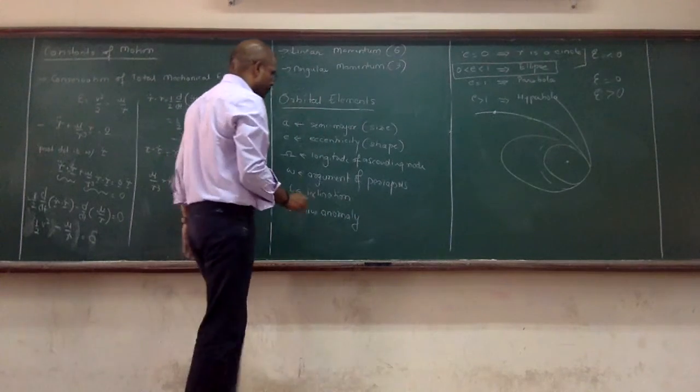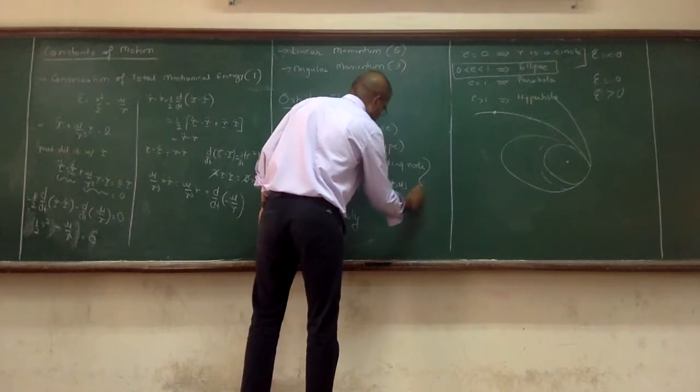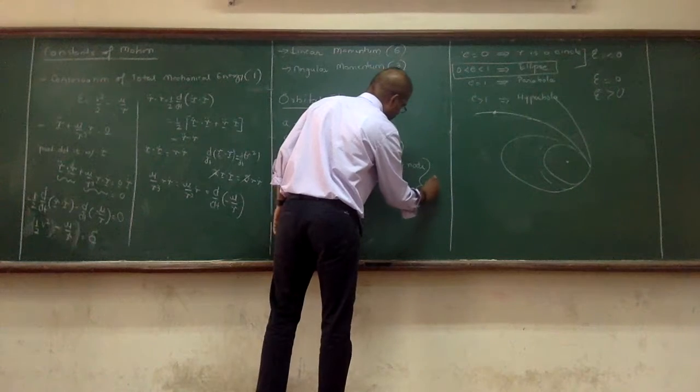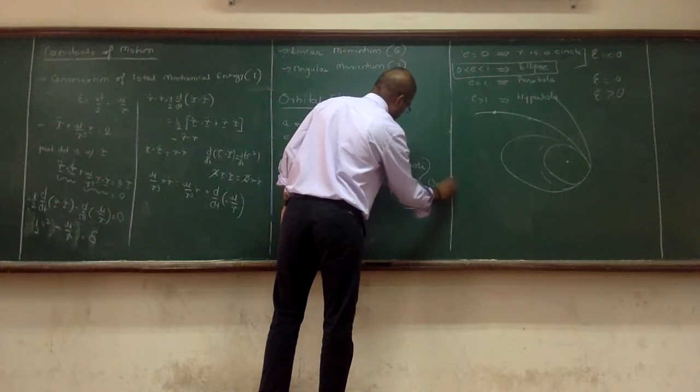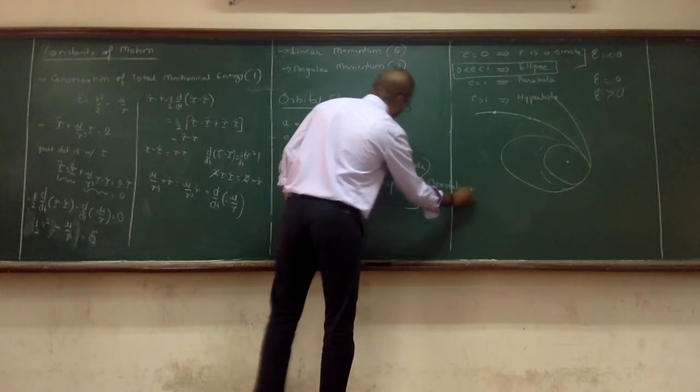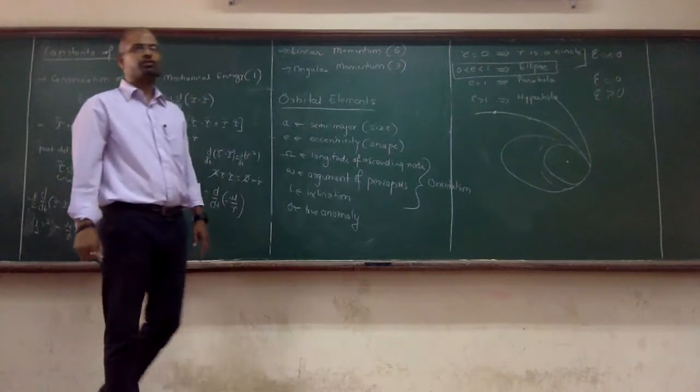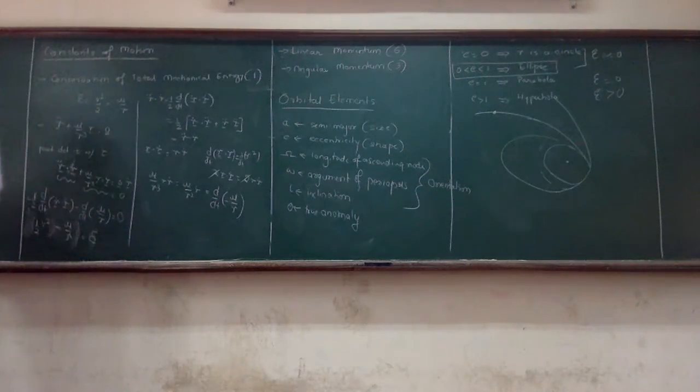Okay. So these 3 define the orientation of the orbit. You understand orientation? Orientation is just like, how do you define position?